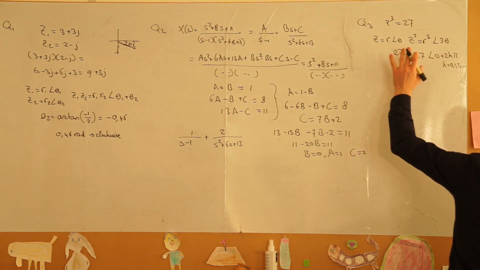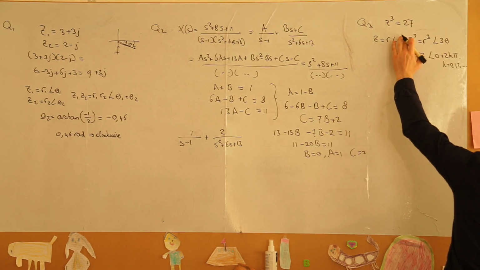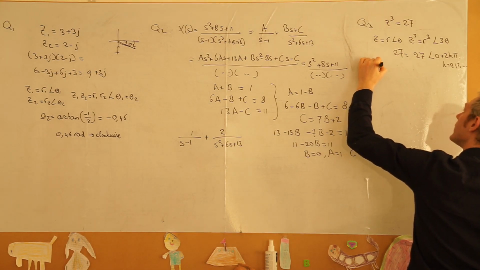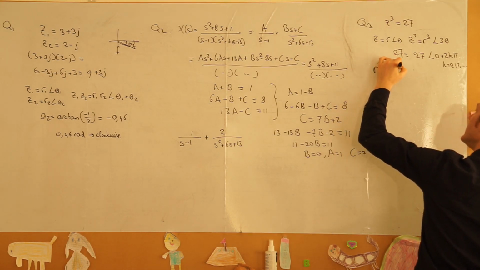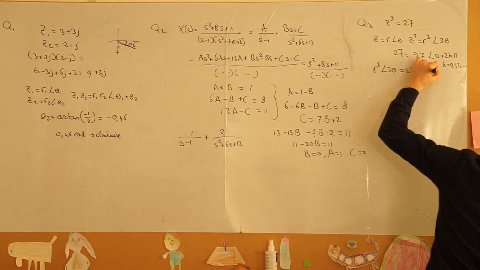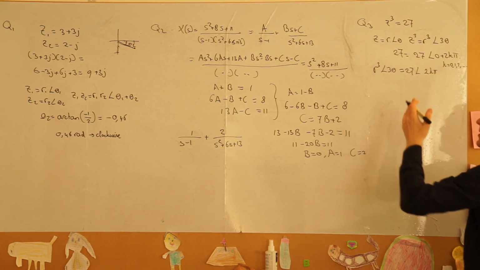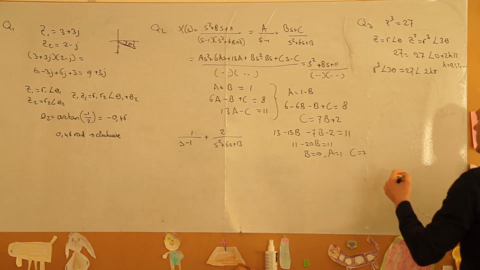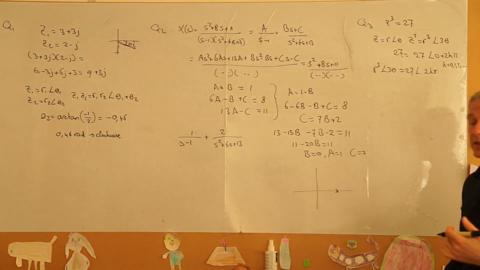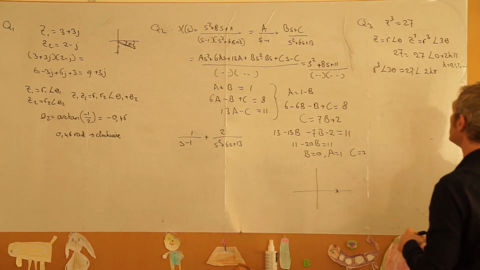But we're not quite there yet. If 27 has to equal Z to the power of 3, we get R to the power of 3 with angle 3 theta is equal to 27 with angle 2k pi, because the 27 in the complex plane is on the positive real axis and has argument of 0.